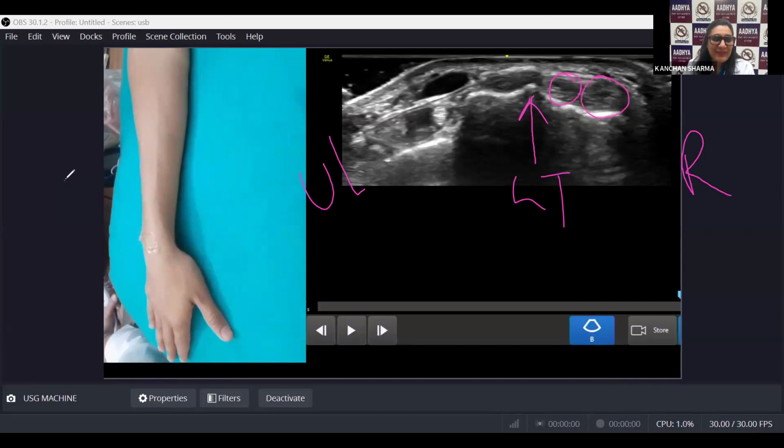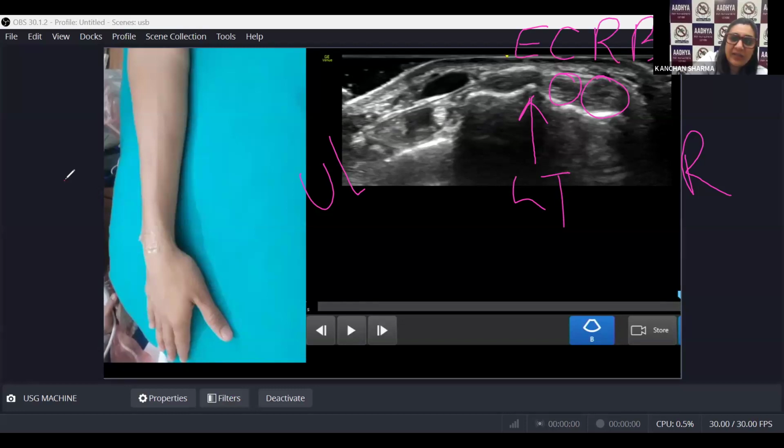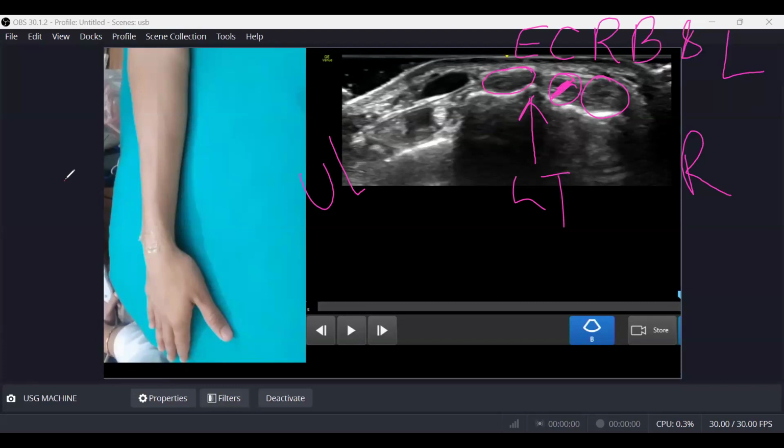Do you remember the name of the tendons? The second is the extensor carpi radialis brevis and longus. Superb. So this is ECRB and the other one is ECRL. What is this one? The third extensor compartment, which has the extensor pollicis longus.